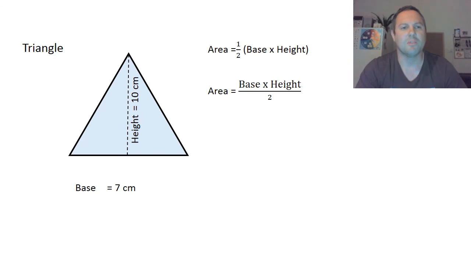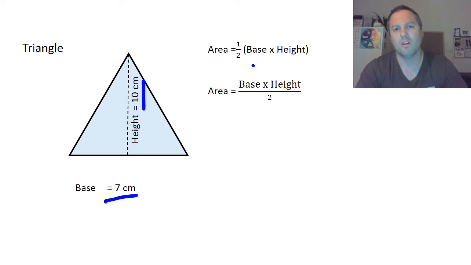The next shape, just as easy, it's a triangle. Okay, now we know triangles are basically half of a rectangle, so we need two things. We need our base and we need our height. The rule we're going to use is one of two.